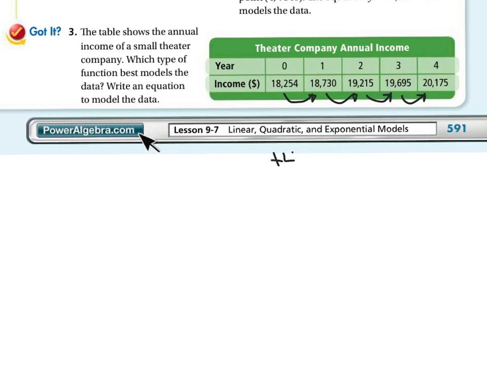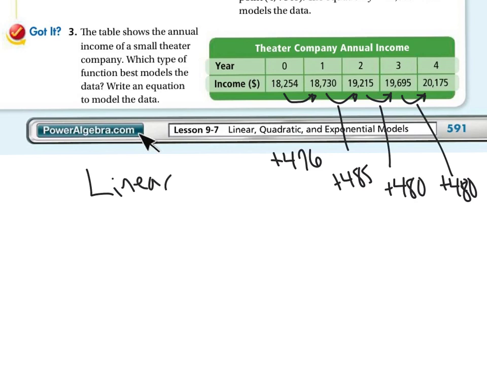And if you go through, this is plus 476, this is plus 485, plus 480, plus 480. Okay, so those are all really close to each other. And so linear would be the best type of function for this one.